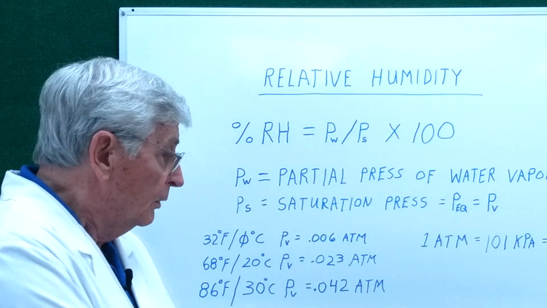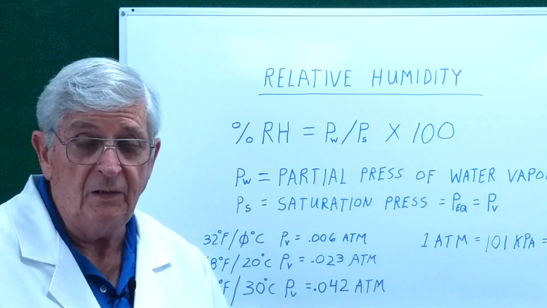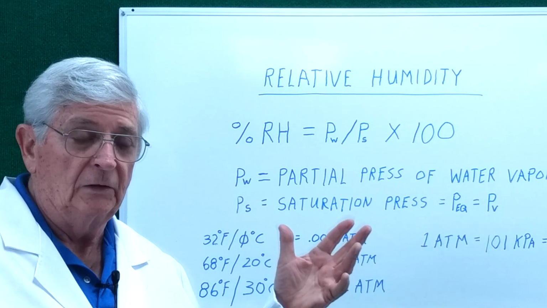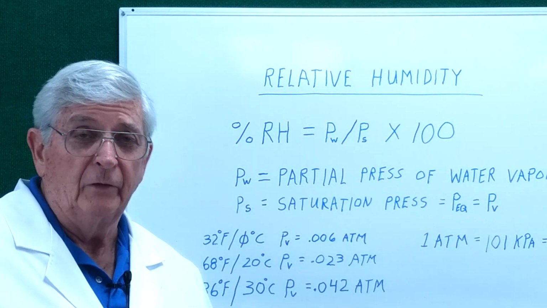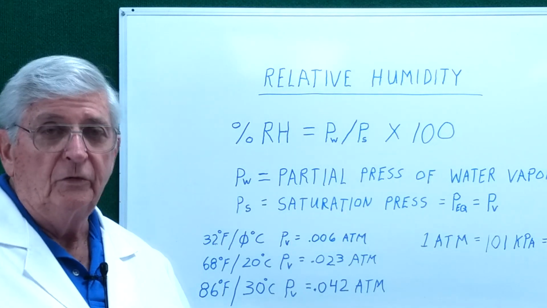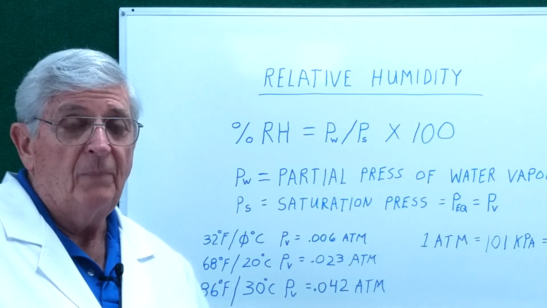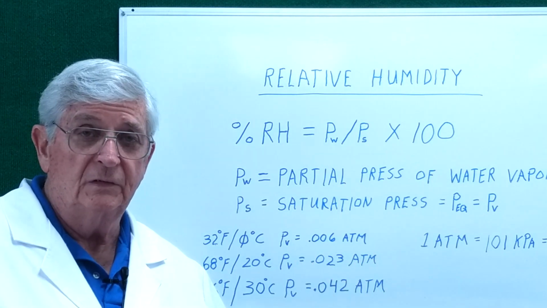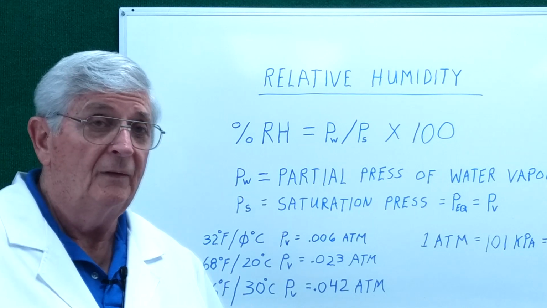Now, if we were up here at this high temperature and high humidity and turned on the air conditioning and lowered the temperature, you'll often hear it said that the atmosphere could no longer hold that much moisture. And the temperature at which the moisture condenses out of the air is called the dew point temperature.